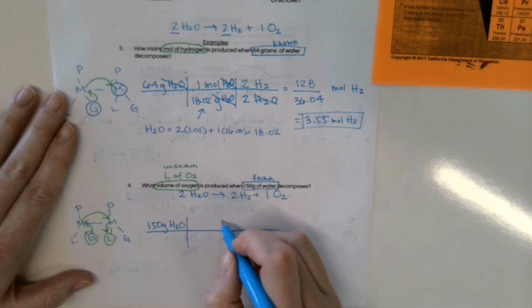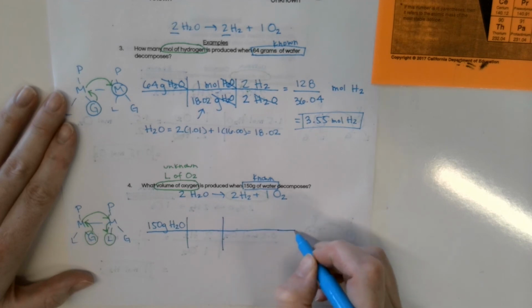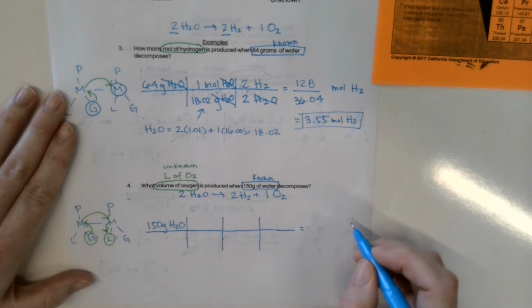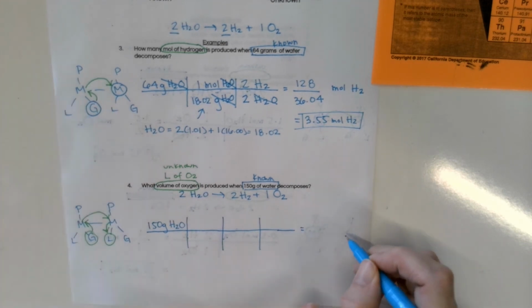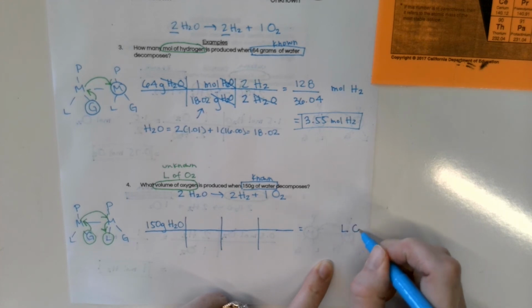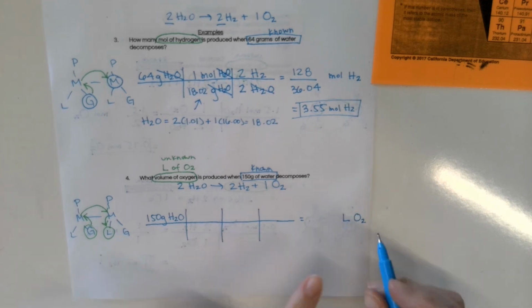So I'm going to set up for each one. Okay, so this is as long as our problems can get. Always write what you are looking for on this side to guide you. So we want liters of oxygen. Don't write just liters. Don't just write oxygen. Write what you are looking for.